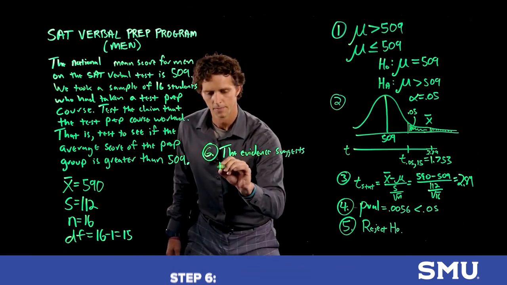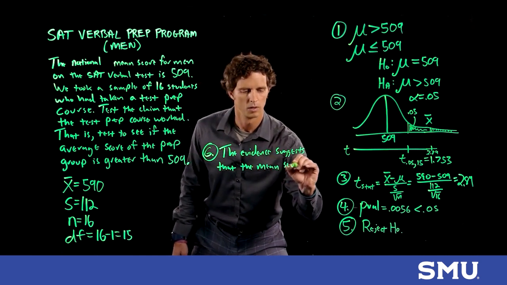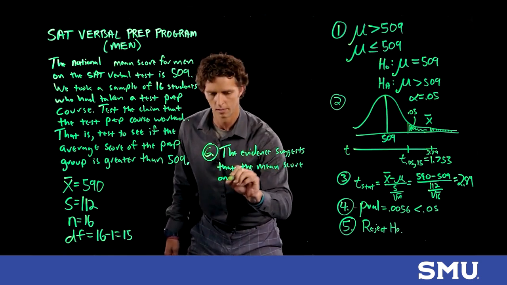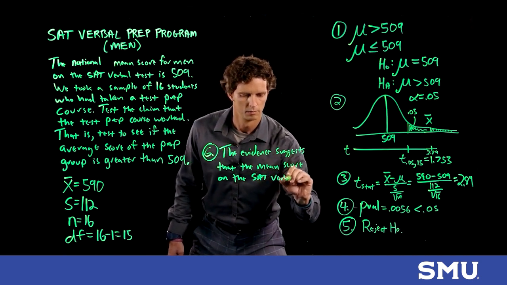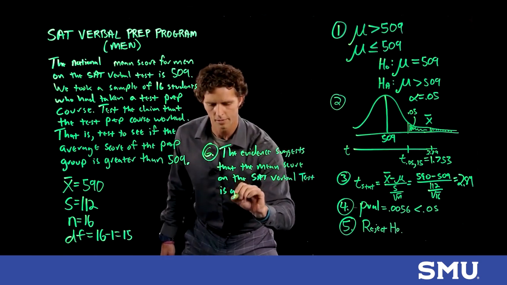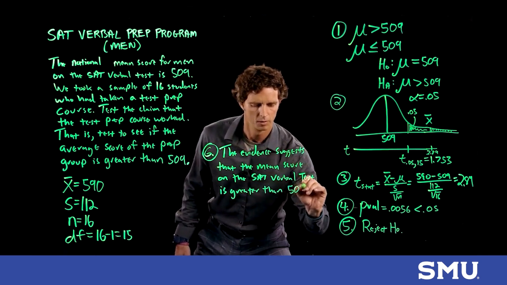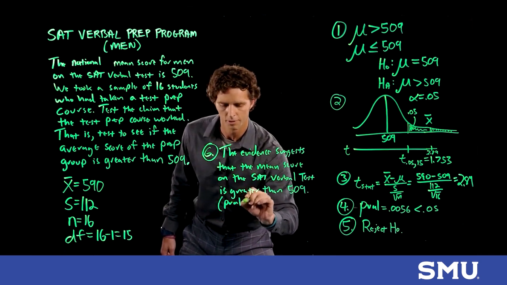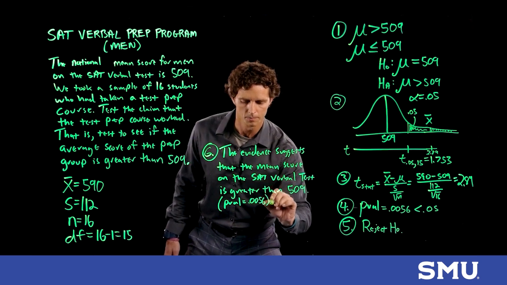The evidence suggests that the mean score on this SAT verbal test is greater than 509. That's what the evidence suggests. And then I always add, and you should always add, the p-value to give whoever's reading this how certain you are that that is true.